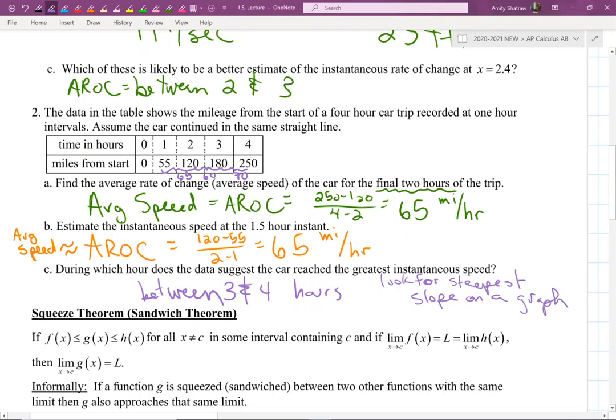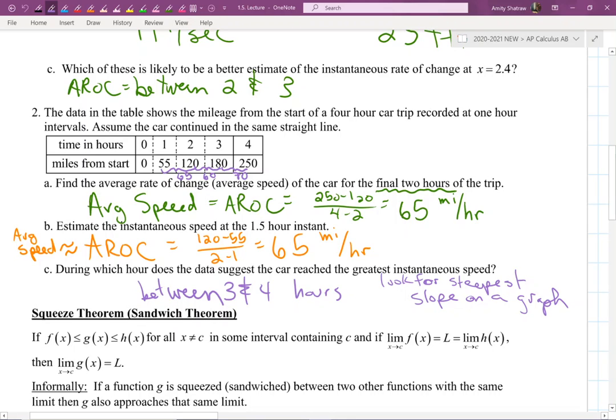We don't have a graph right here, but there are definitely some graphs coming up. And wherever you see that the slope is the steepest, that's how you know that the distance from one moment in time to the next, if you're traveling the highest vertical height, that's when things are going the fastest.